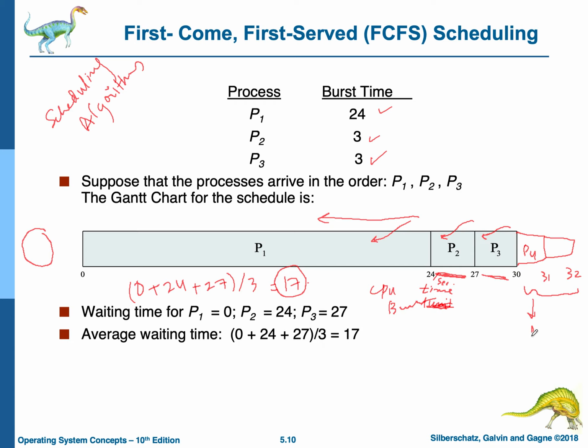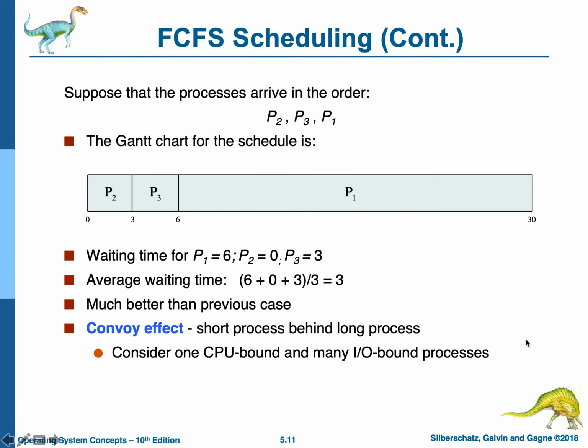So the first come first serve scheduling is most of the time unfair in distribution. Now suppose that the jobs arrive in this order, where P2 arrives here, then P3 arrives, and then P1 arrives.